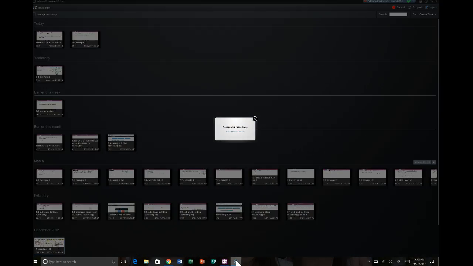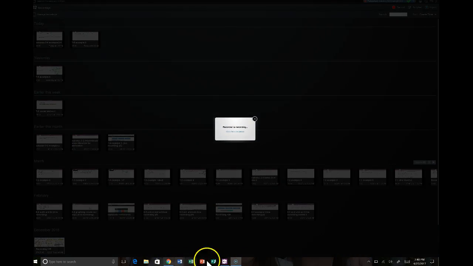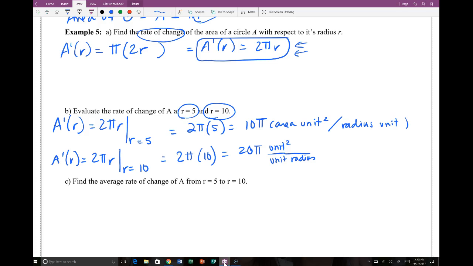I don't want to exit out. Sorry, let me find the recording button. Okay, I found it. It's in the very corner.